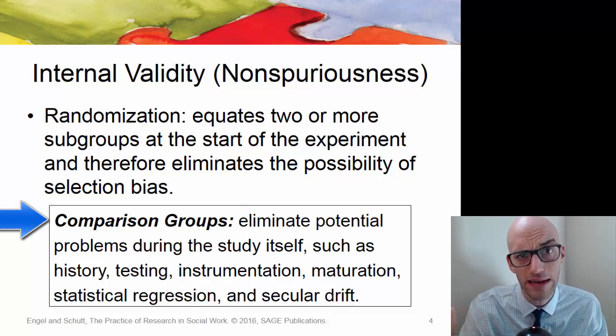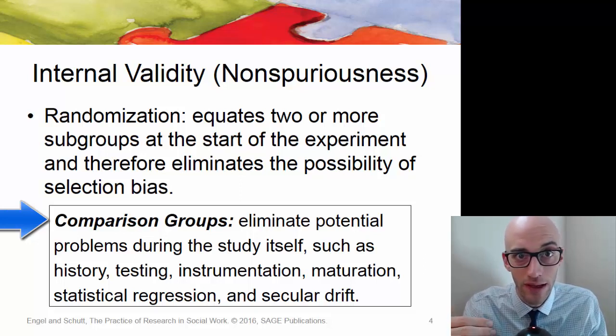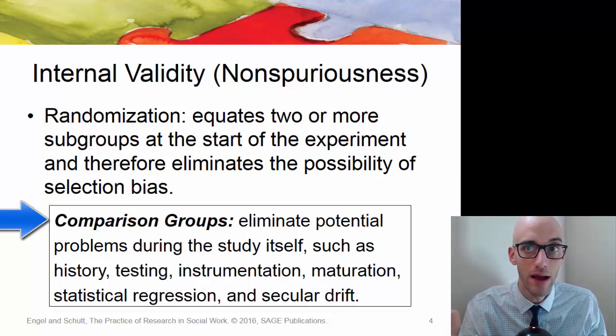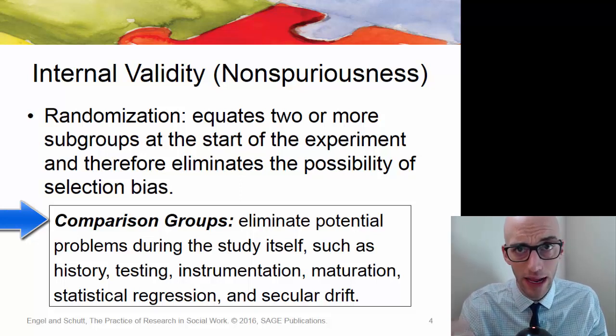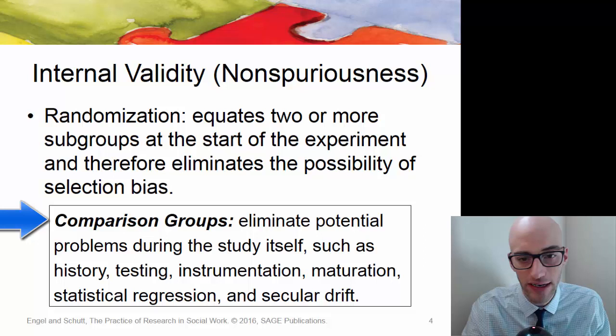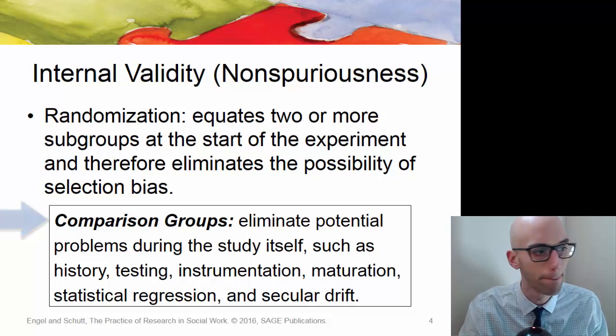Or maybe if you're thinking of like an educational type of intervention, just like through the natural process of time, particularly when you're working with children and adolescents, they might mature more throughout the study. And by having randomization into different groups, we can really help control for some of that. Also, statistical regression or regression towards the mean, kind of regression towards the average, and secular drift.